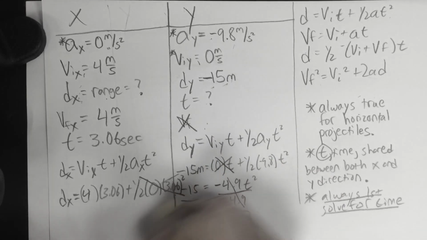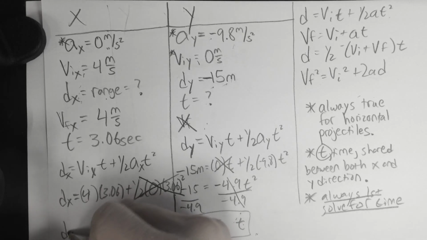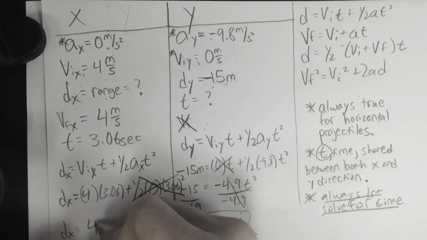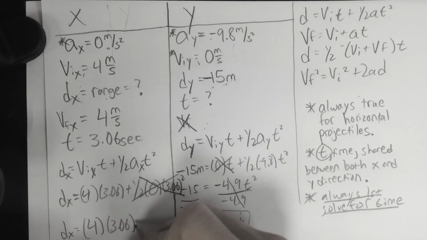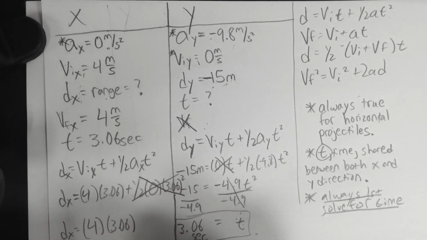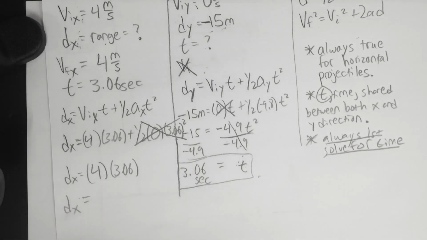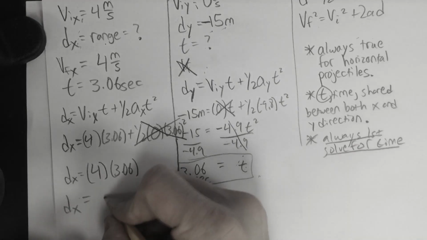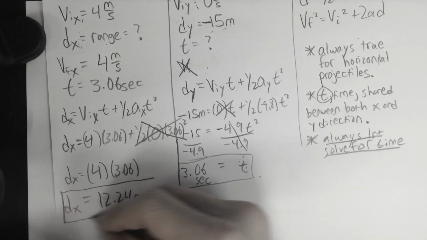Well, because there's a 0 in the second term, that whole term is equal to 0. And dx is simply vix, which is 4 meters per second, times the time, or 3.06. So therefore our range is going to be 4 times 3.06. 12.24 meters is how far we land out in the water.